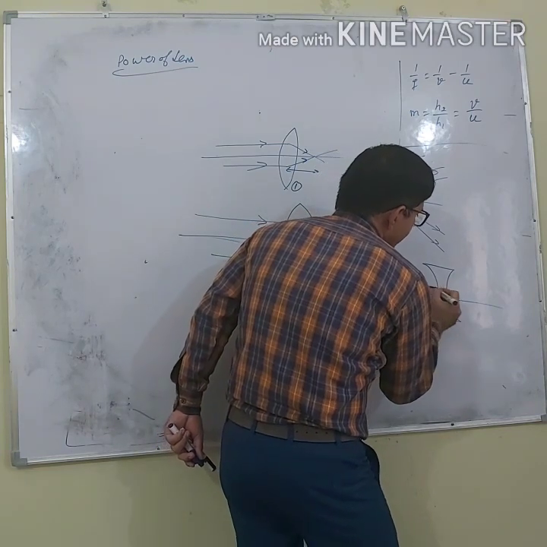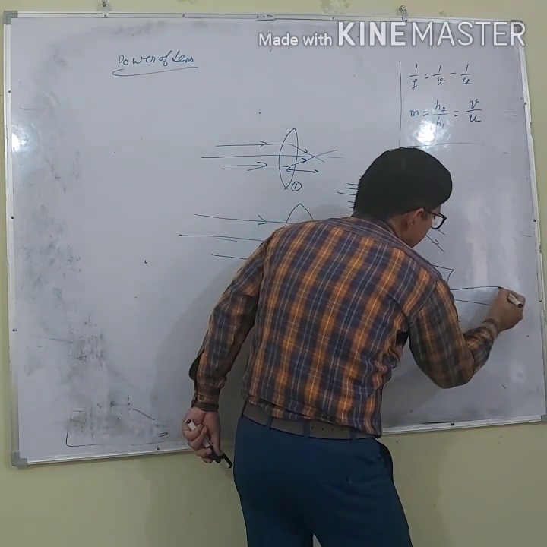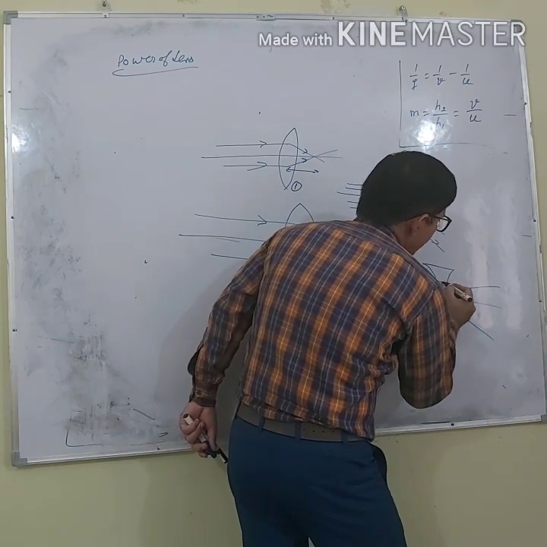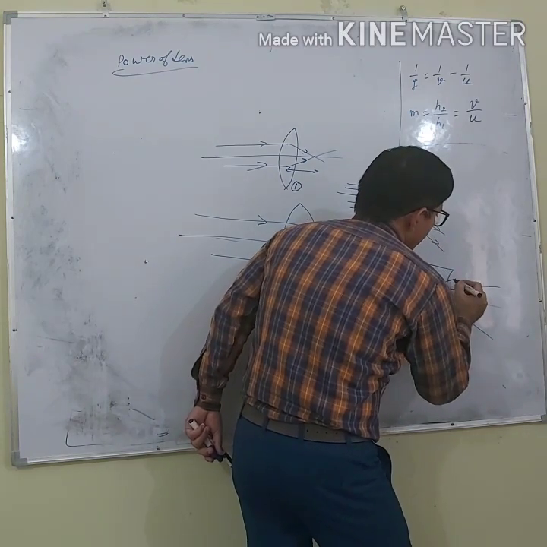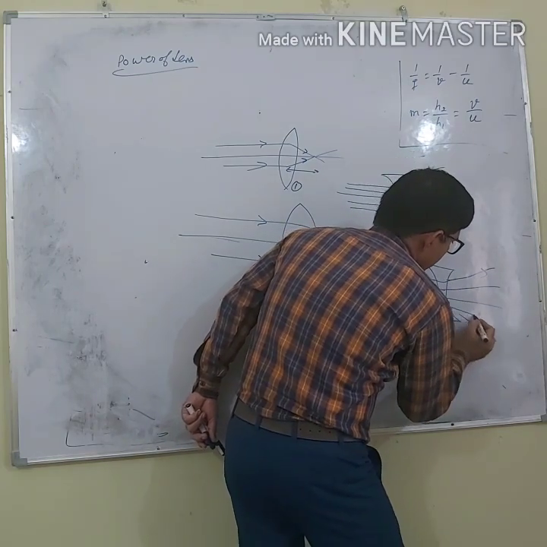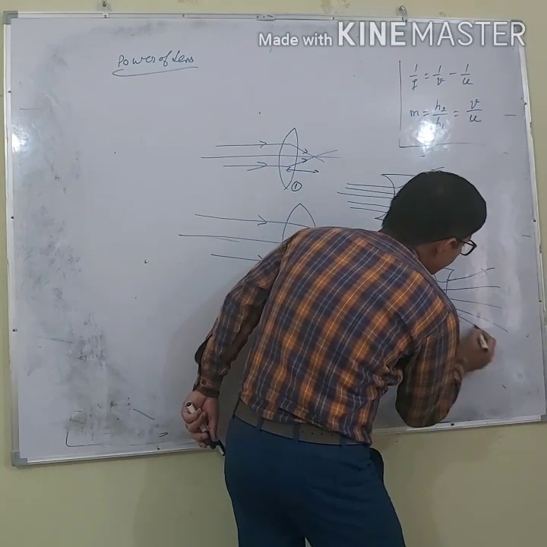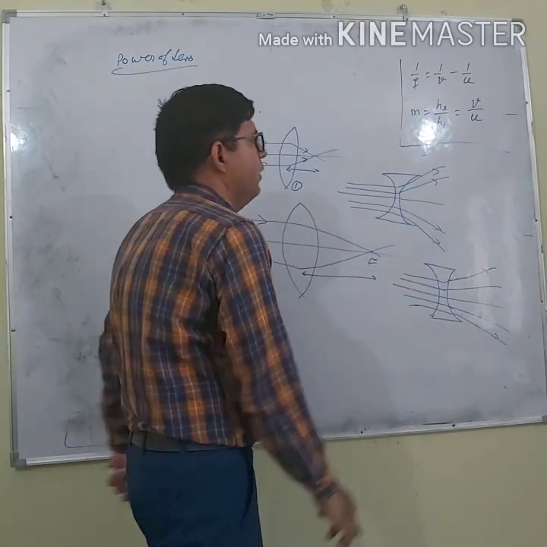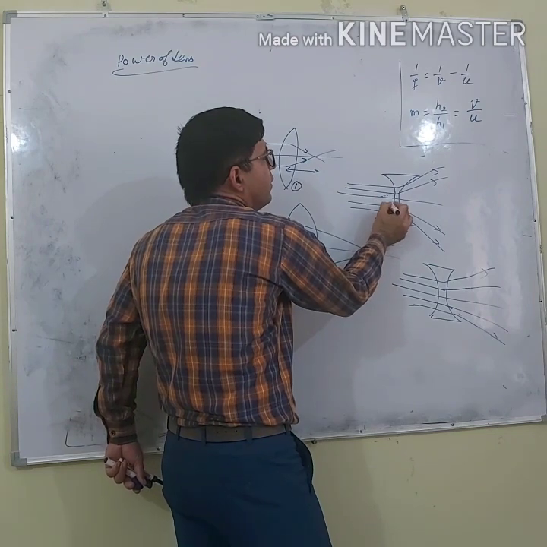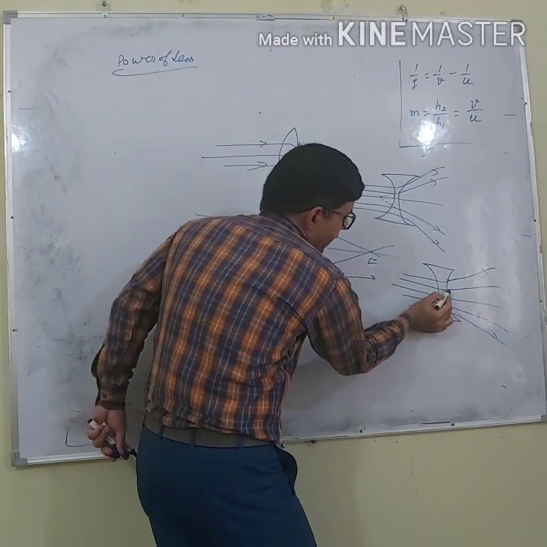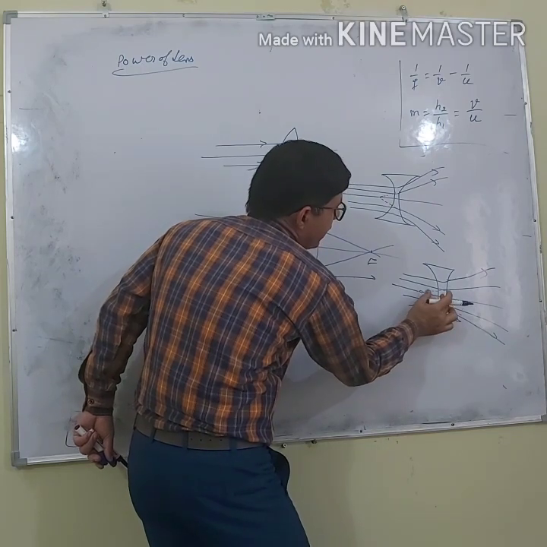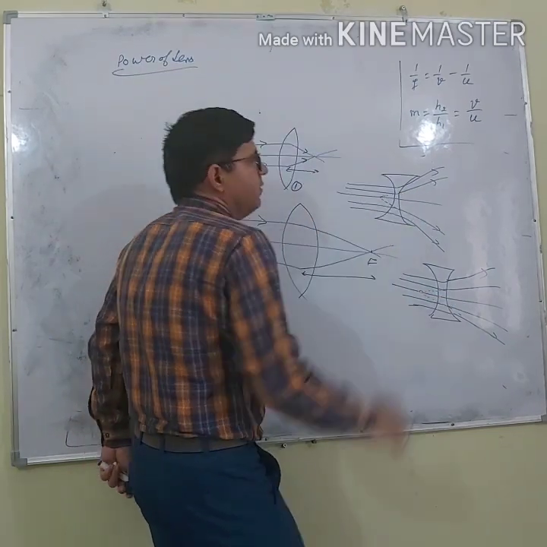What is happening in this case? If you look, in which case do you find diverging is more? In this case diverging is more. If you try to find its focus, it is comparatively at a much larger distance, and here the distance is small.